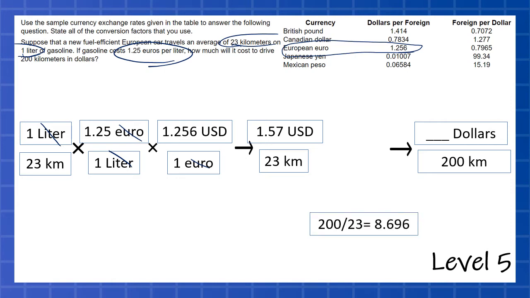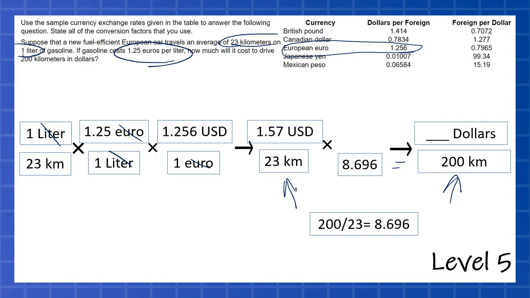So what we need to figure out is, what do we need to multiply 23 by to get 200? And so I just did the quick division here, and I ended up with 8.696. That's what I need to multiply by, because I just divided 200 by 23. That means I need to multiply it by 8.696 to get to 200. And then I would get the answer to my question.